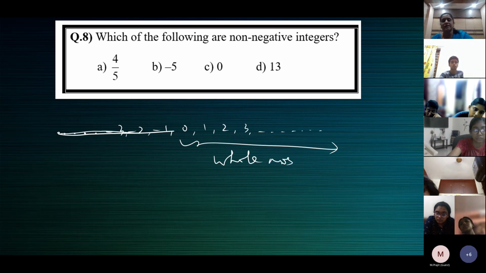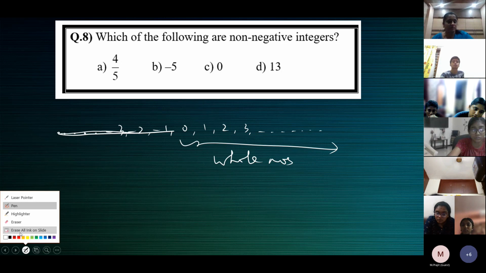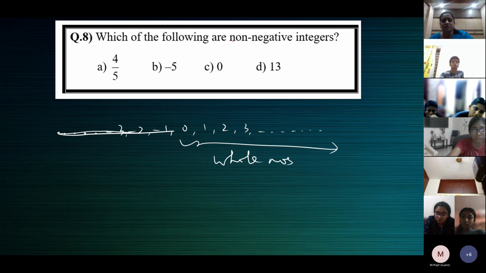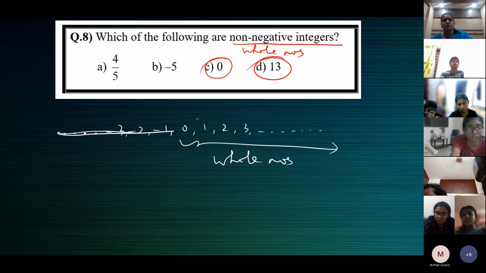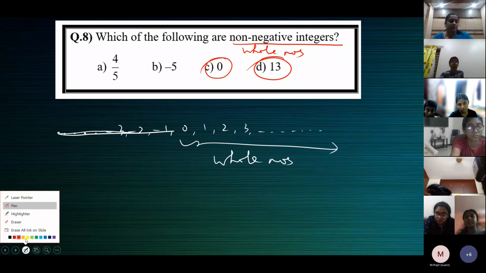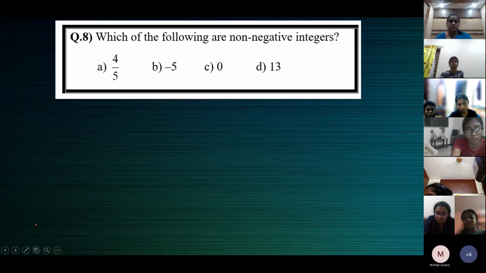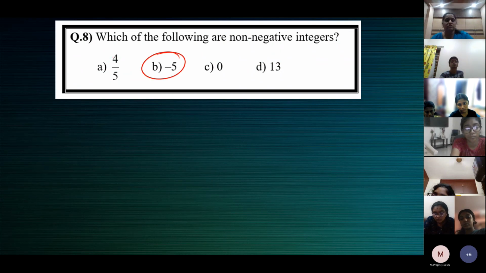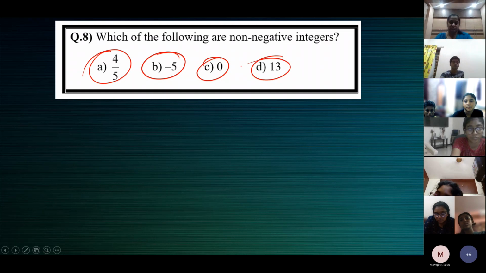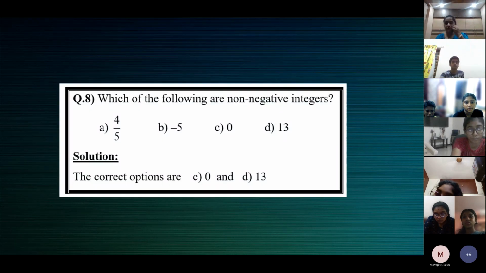Non-negative integers means whole numbers. Remember that. So which are the whole numbers here? 0 is a whole number, 13 is a whole number. So C and D. This is not a whole number. This is also not a whole number. This is a whole number, this is a whole number. Take a picture.